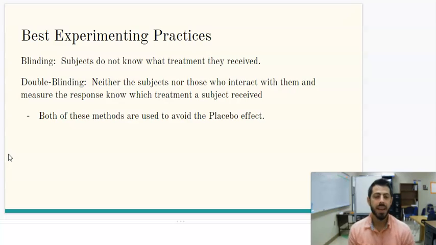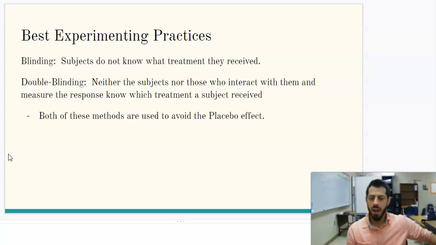So if I'm testing a medication and seeing its effects, I want one group to receive one medication, and one group to receive another medication or possibly a placebo, and they don't know which one's which, but I do. That would be an example of a blind experiment. That helps me keep track of what the actual effects of my medication are, right?